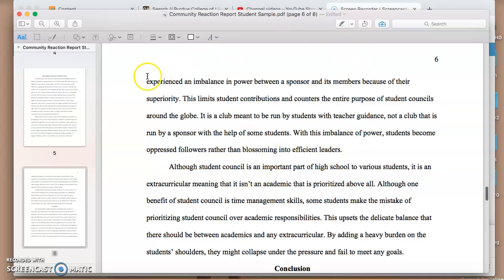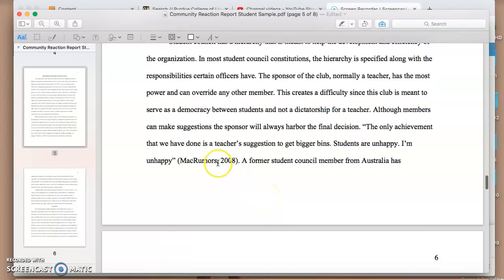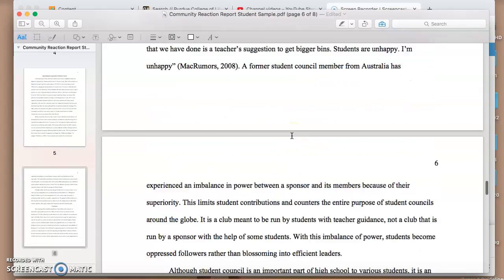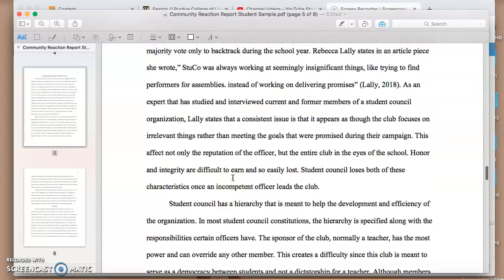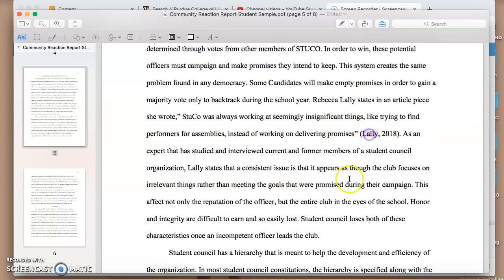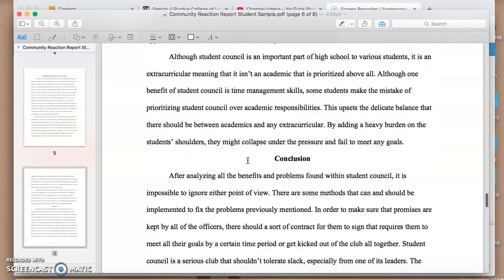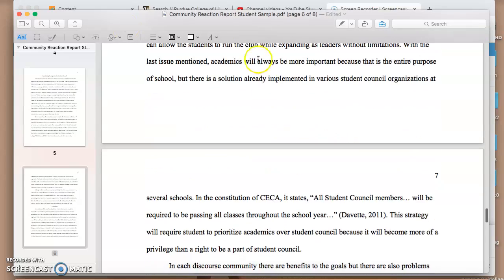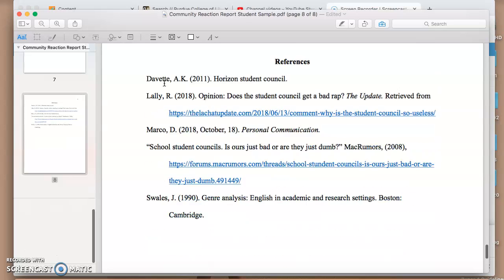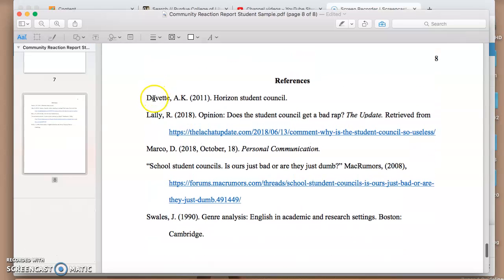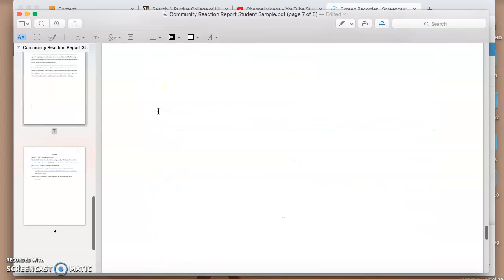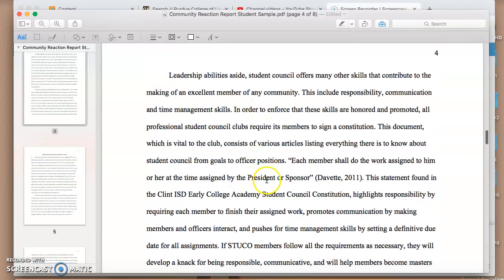All right, I don't see any in-text citations here, so maybe one more, whether it's one of these again or something else, but she's following the guidelines excellently and using at least 2 different sources in her paper. So I'm trying to count. You all need at least 5 sources total for this entire paper, and it looks like she has exactly 5, right? Yeah. All right. So these are in-text citations.